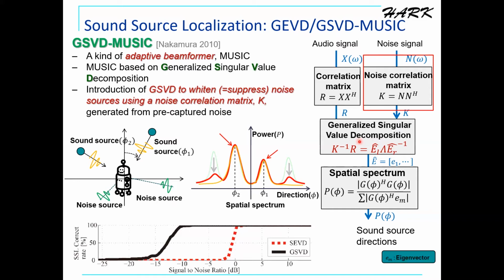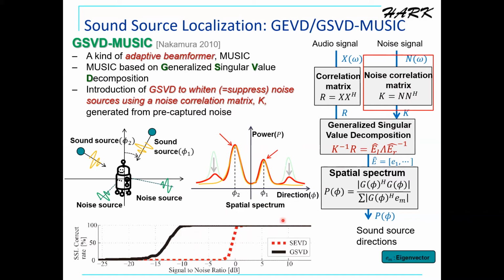It takes an additional input called noise correlation matrix, K, which is estimated from pre-captured noise signals. By using K, noise is whitened like this, which makes MUSIC much more noise robust.